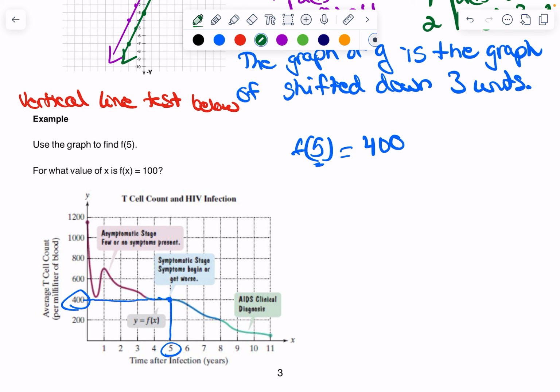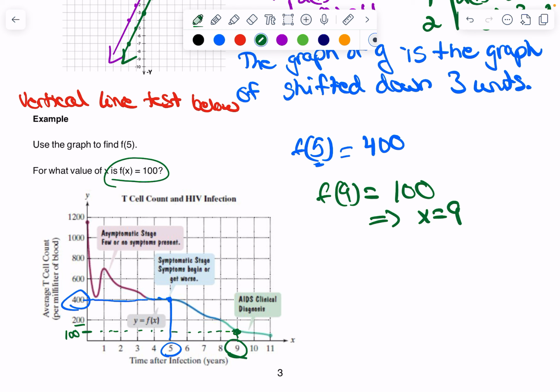Next, for what value of x is f of x equals 100? So we're going to look at where the 100 would be. This is 200, so 100 is somewhere right here. I'm going to keep going until I hit the graph, which is right here, go down, and I can see that it's 9. So f of 9 equals 100, so that means that x is 9.